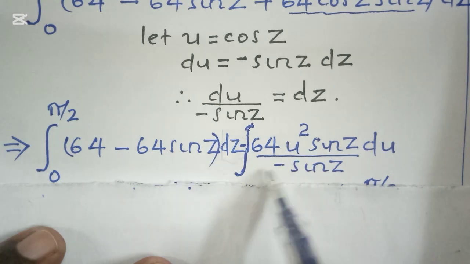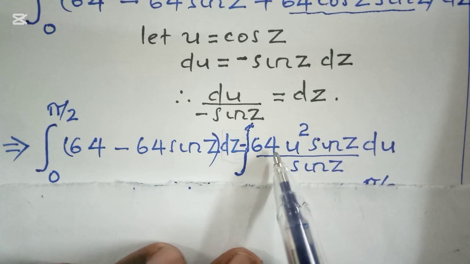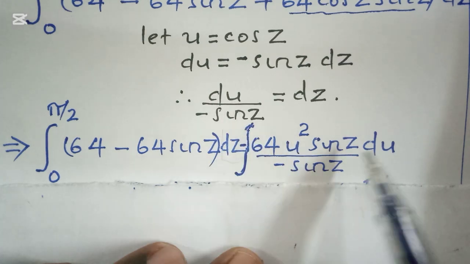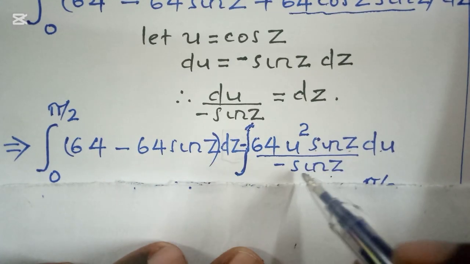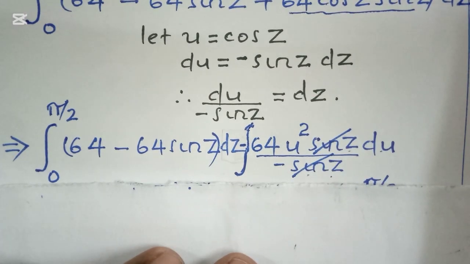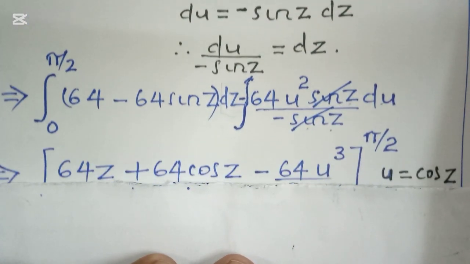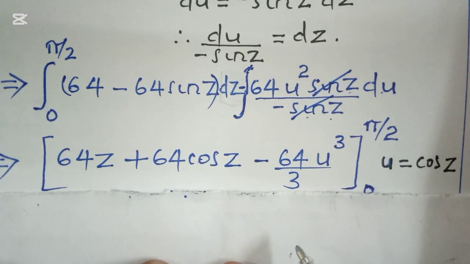We are concentrating on this side because this one is actually easy. So we have 64. Then we have du all over negative sine z and sine z here. So guys, I can cancel that sine z. So we are left with negative 64 u cubed all over 3.